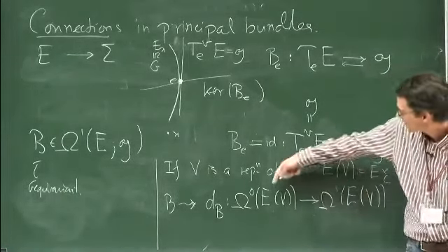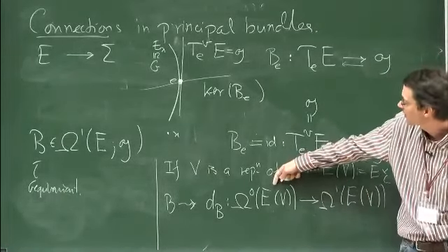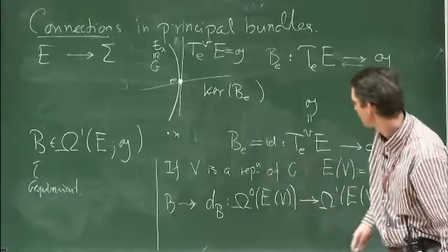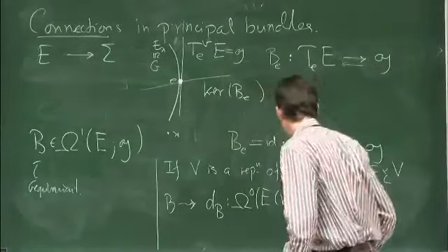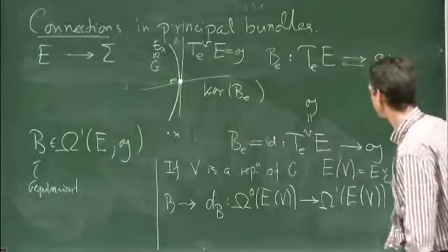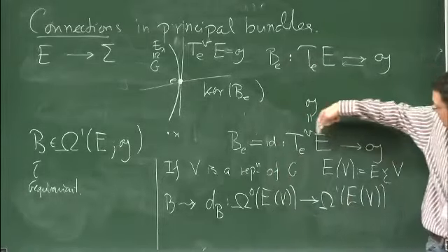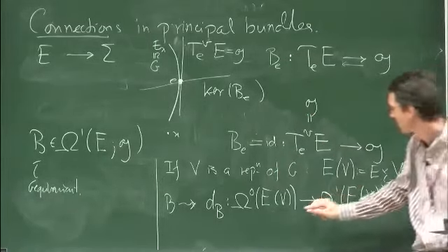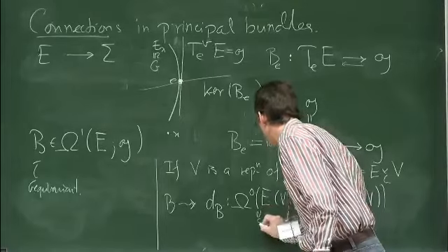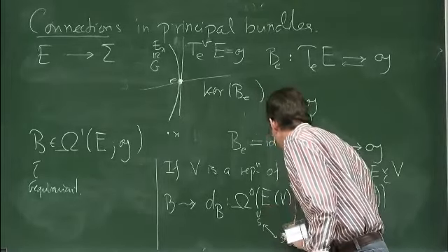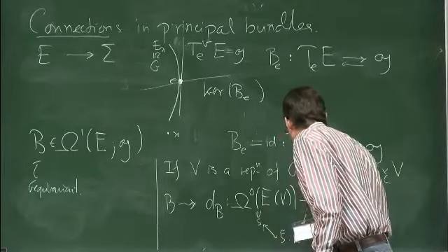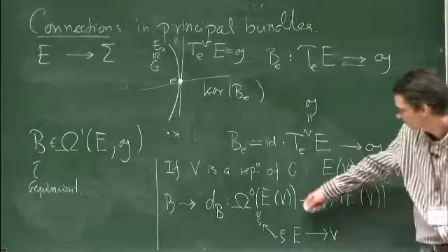Of course, we can always take a section and just differentiate it, but the problem is that, put it like this, sections of this associated bundle we can think of as G equivariant maps from the total space to V. Okay, so we can differentiate these.